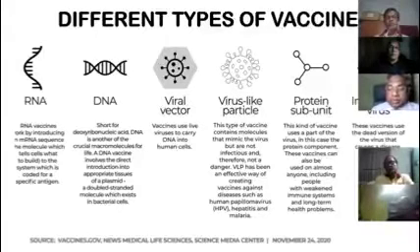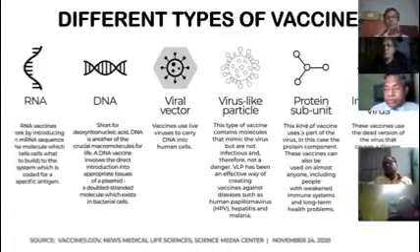Virus-like particles: this type of vaccine contains molecules that mimic the virus but are not infectious and therefore not a danger. Virus-like particles have been an effective way of creating vaccines against diseases such as HPV, hepatitis, and malaria.